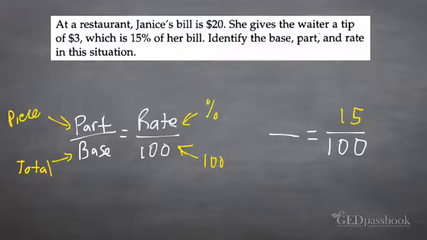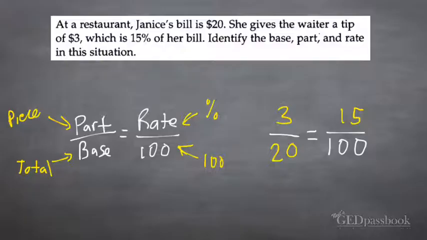But right now we're just trying to identify where you would put each of those numbers in the template of part, base, rate over 100. So, what would be my part? $3. What would be my base? 20. Why is that? Well, 20 was the total amount of the bill, am I right? $3 was the tip. That was the piece. That was the part of the total.